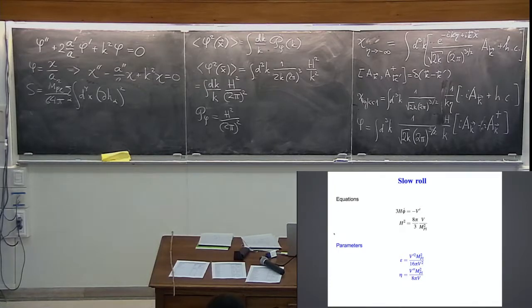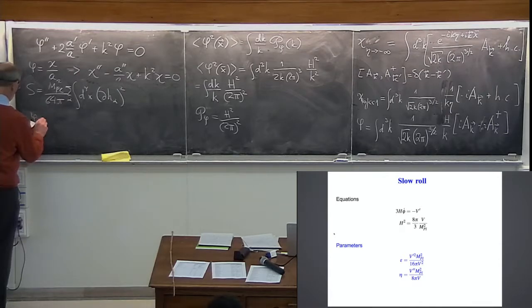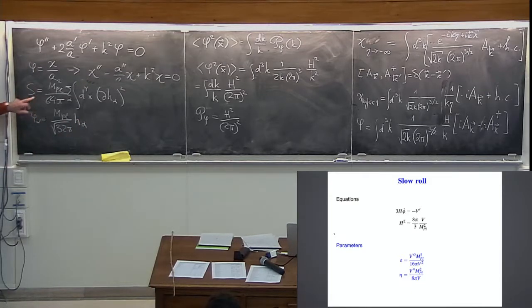There are two polarizations, right? So the canonically normalized field phi_alpha is actually M_Planck over square root of 32 pi times h_alpha, okay, from here.